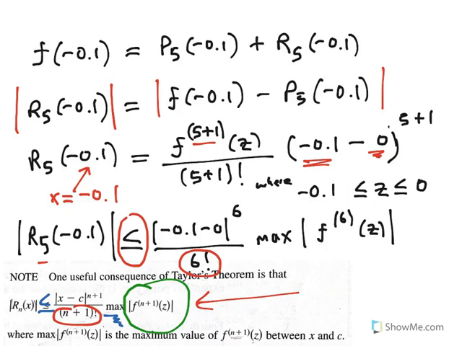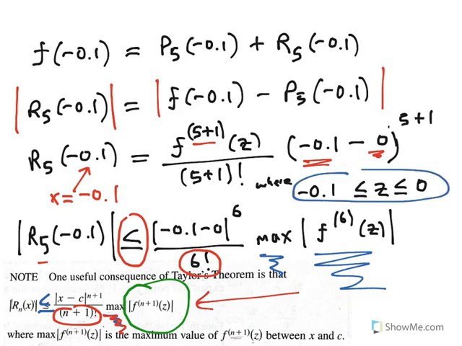So the absolute value of negative 0.1 to the 6th power. And most significantly, we're going to say, let's make this quantity the biggest it could be on this range for z, so that we put an upper bound on the error. And this would tell us the most that our approximate value could be off from the exact value of f evaluated at negative 0.1.